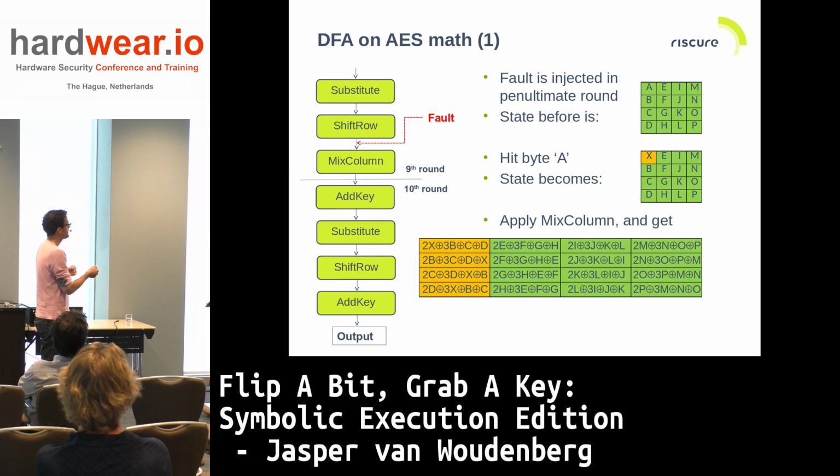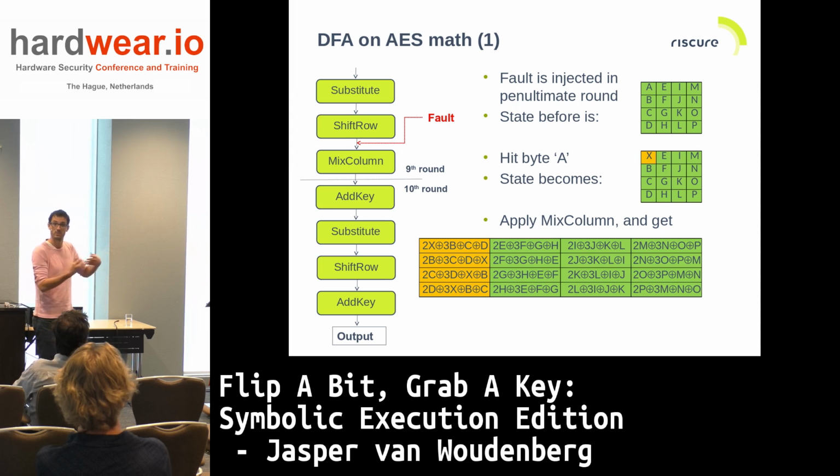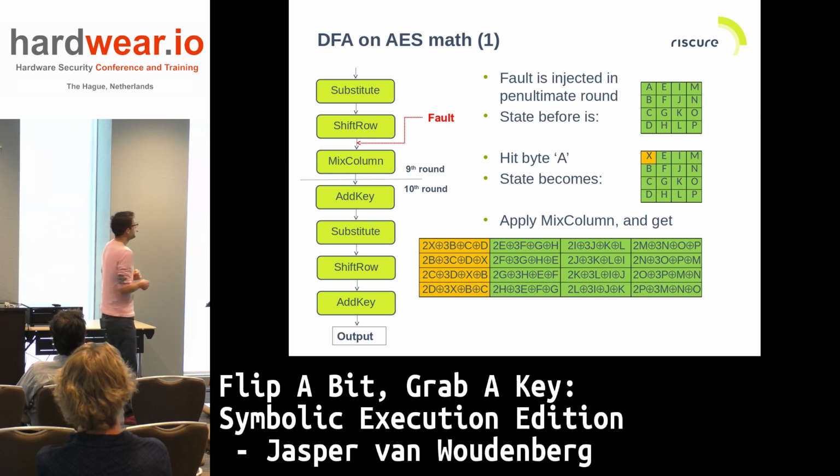So now we can just calculate through the remainder of the cipher and see how this faulted value of X actually propagates throughout the cipher. So this is just a matter of applying the formulas of AES. What you see here is that X appears here, X appears here, here, and here. Normally that would have been A, but we now have a faulted one.